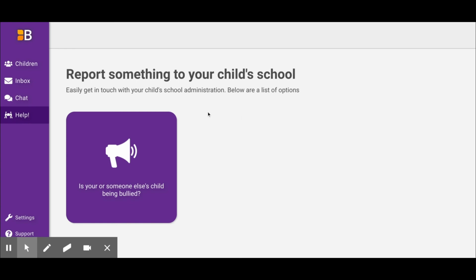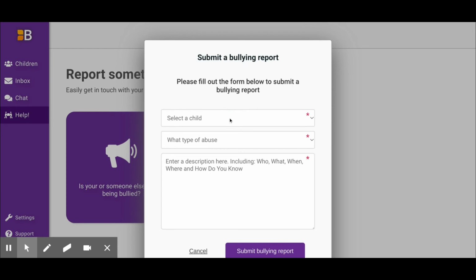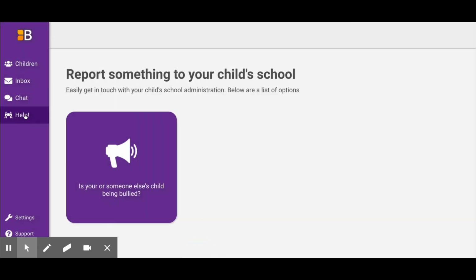You could click right here, select which one of your children, select that we had some kind of physical thing going on, and describe a situation on the school bus. After I put my documentation, I would push the submit button, and that would go to the administration staff at the school. Do keep in mind this is only if this feature is turned on for your school.